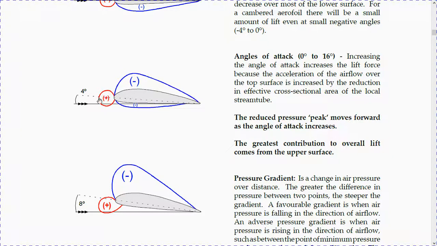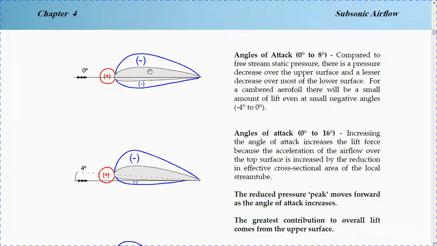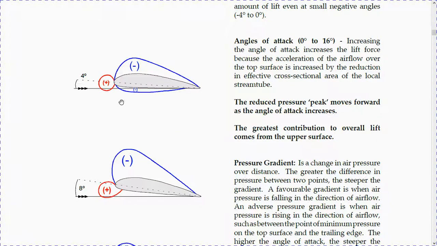So air is forced to speed up. The reduced pressure peak moves forward as the angle of attack increases. This is also very important. So as angle of attack increases, you can see here the center of pressure is here, the peak. Then it moves here, and then it moves here to its maximum.